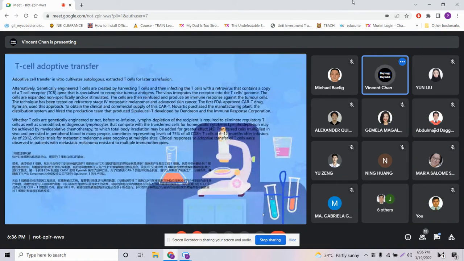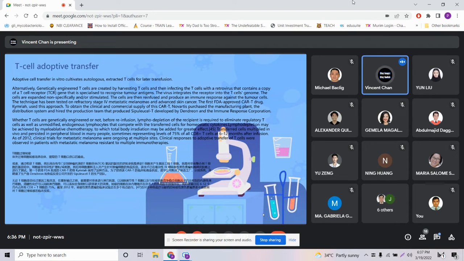T-cell adoptive transfer. Adoptive cell transfer in vitro cultivates autologous extracted T-cells for later transfusing.